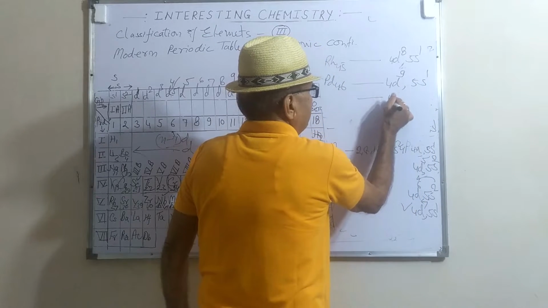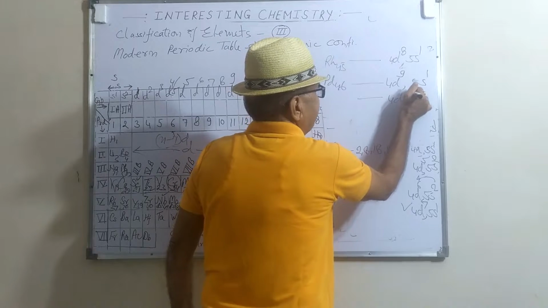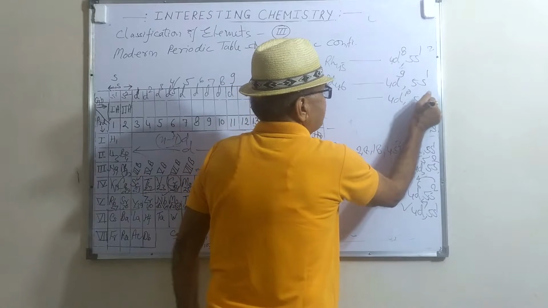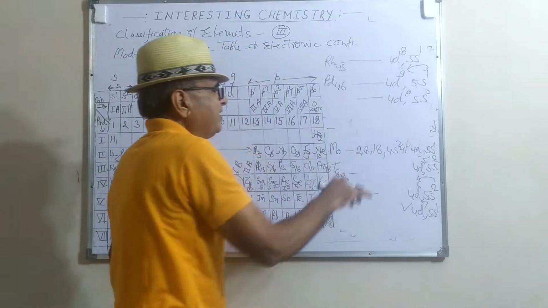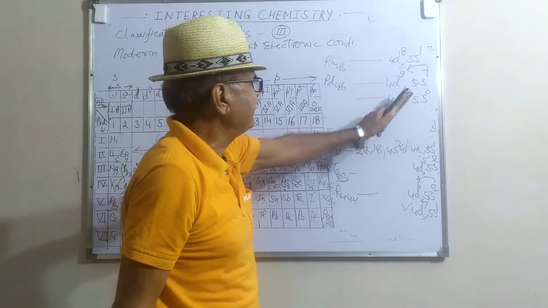Now here it will be 4d10 and 5s0. One electron is migrated and the s will be vacant here.